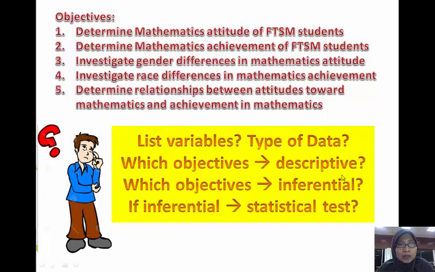Based on the objectives, you can list the variables, identify the type of data, and determine for each objective whether the statistic is descriptive or inferential. This is very important. If inferential, you should use a statistical test, whether t-test, ANOVA, Pearson, and others.